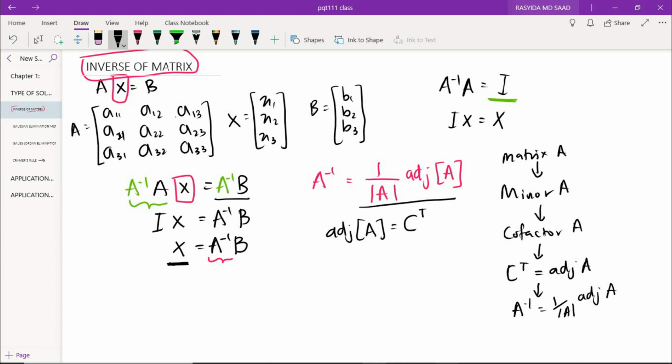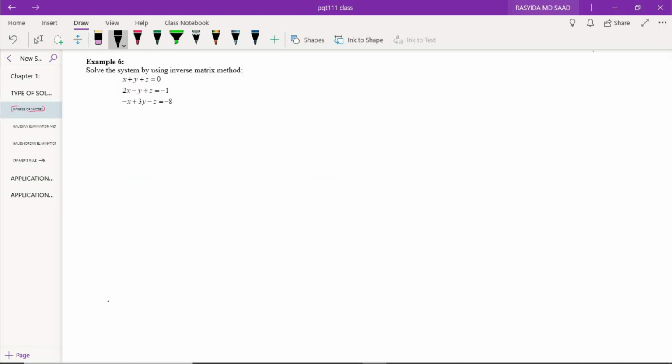Let's take a look at an example first, on how we are going to solve by using the inverse of a matrix. Solve a linear system by using the inverse matrix method.